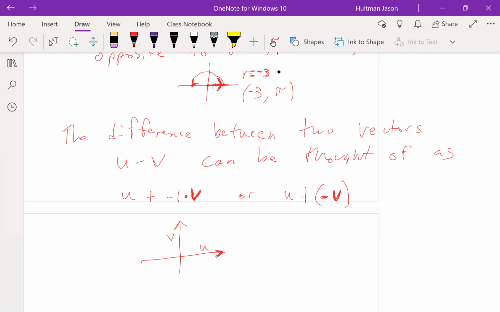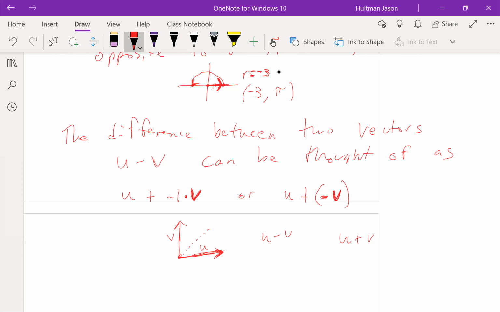Let's think about how to add u plus v. Well, u plus v is tail to tail, so wouldn't it just be the parallelogram law? That one's easy. But how would we do u minus v?